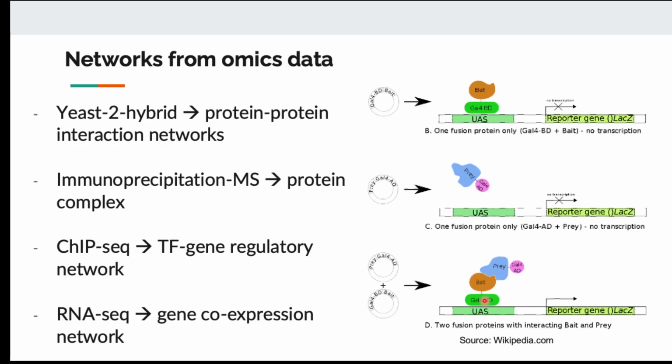One has the DNA binding domain, so it will recruit the complex to the DNA, and the other has the enzymatic domain that can activate the transcription. So only when these two can bind to each other do you have the expression of the reporter. If you use two proteins that don't interact with each other, one will bind to the DNA, but the other one will float around, so you don't have the activation.